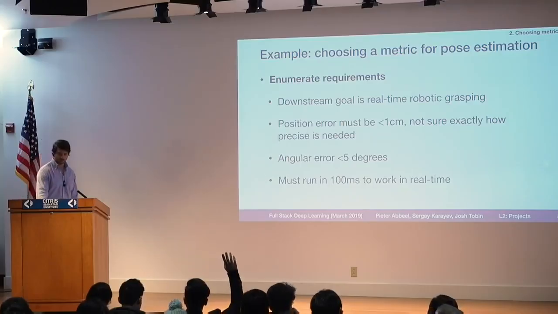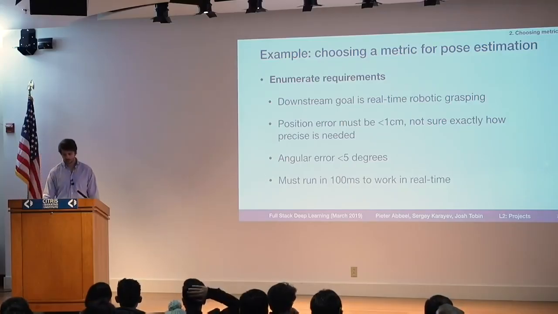The answer is absolutely. Generally I think about that as a separate decision to the decision of what metric we're trying to optimize. You might first say, this is the type of data set that we need, and we want the model to work well on this type of data set. And then this question is really about, when we say we want the model to work well on this type of data set, what do we mean by work well? That's really what we're trying to do here. OK, for the sake of time, I'm going to move on from this.